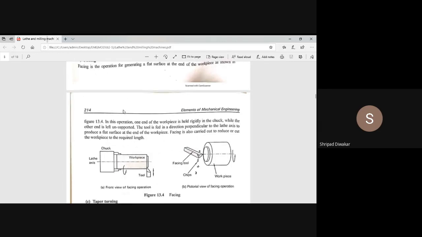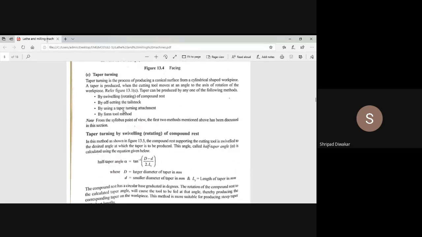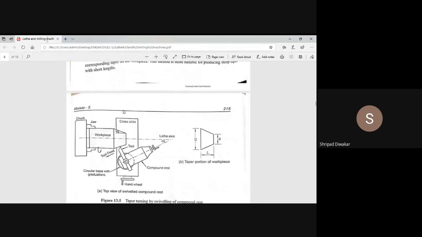Third one is taper turning. Cylindrical turning is just reduction of the diameter. Taper turning means generation of the conical face. You can see the diagram. Such kind of structure we can generate on the lathe machine.